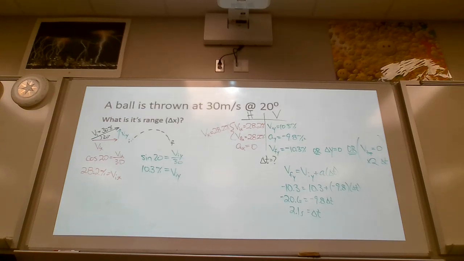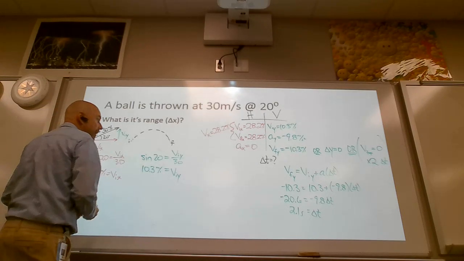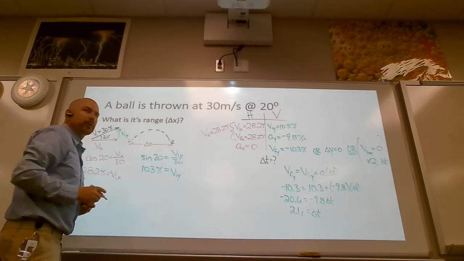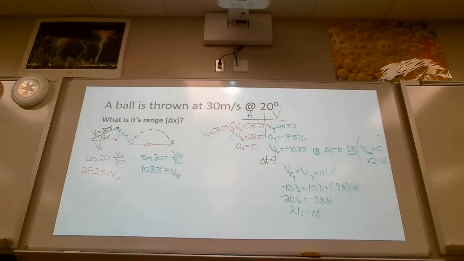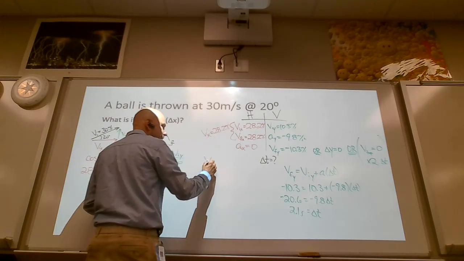Follow-up question is what is the range? Okay, if it asks for the range, that is delta x. Think of a golf range. How far did it go? In the horizontal direction, you know velocity is constant.